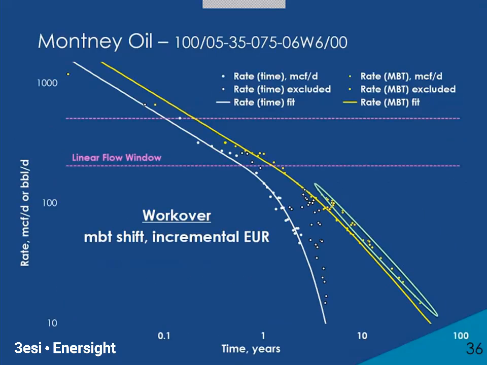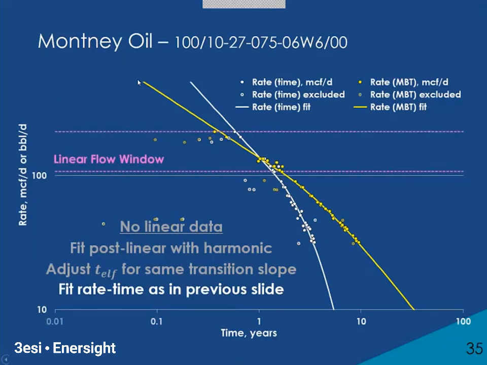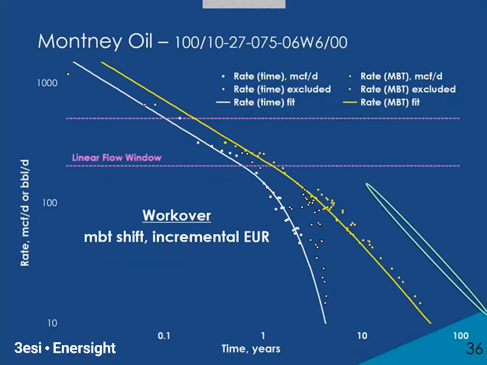So this next well, also an oil well, has a workover in it. If you look at the data carefully, and I think I just skipped to a previous slide, you'll see that we come down and the rates fall off, and then the rates increase.